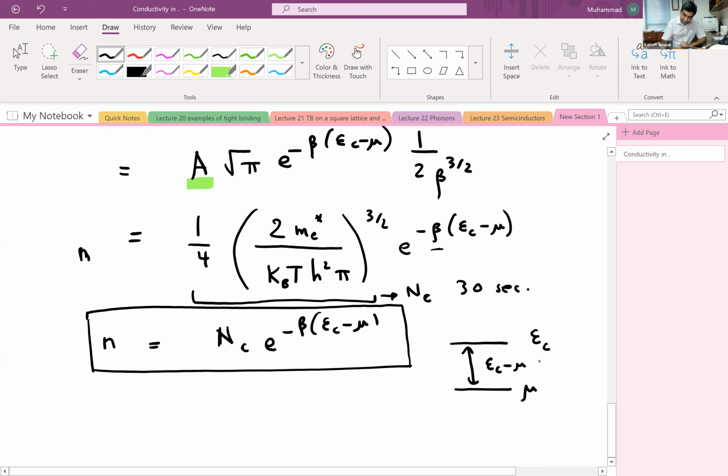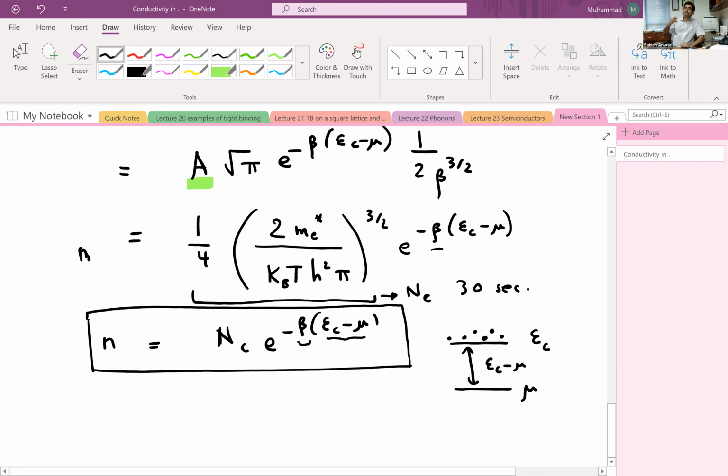And the number of electrons that go into the conduction band, this equation can be interpreted thus: that number of electrons is going to be equal to some energy difference EC minus mu, which is being exponentiated, of course, with a temperature factor.